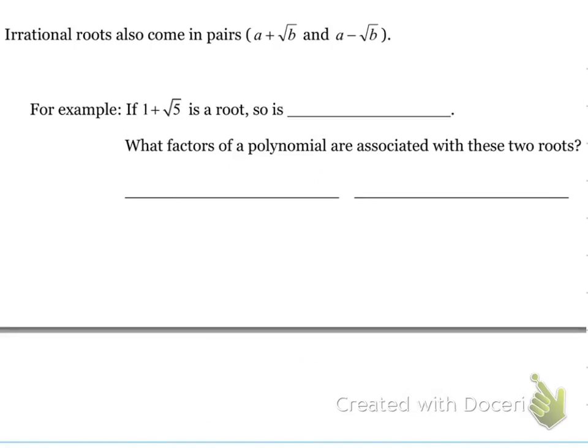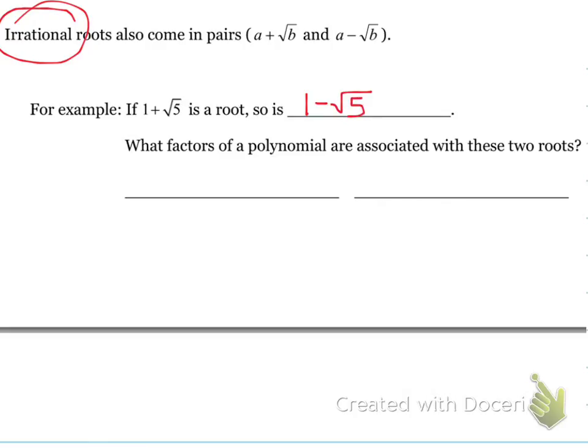It's also important to know that irrational roots also come in pairs. An irrational root is a number that can't be represented as a fraction. So if we have a plus root b, we also have a minus root b. For example, if we have 1 plus root 5, then so is 1 minus root 5.